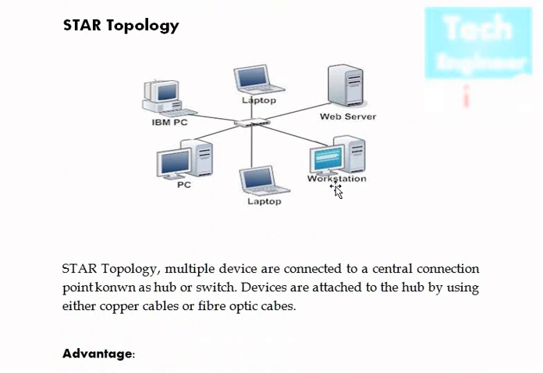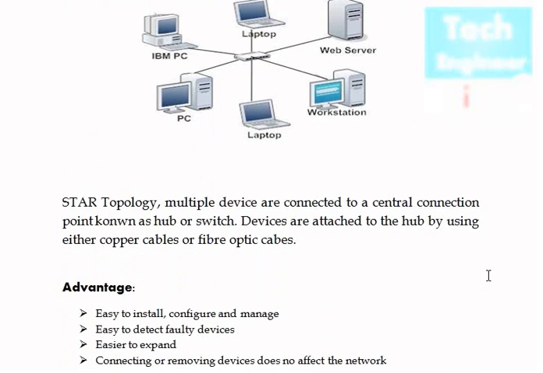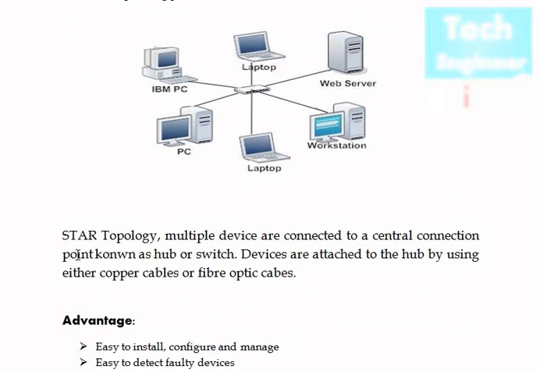Okay, the next topology is known as star topology. In a star topology, multiple devices are connected to a central connection point known as a hub or switch. Devices are attached to the hub using either copper cables or fiber optic cables.